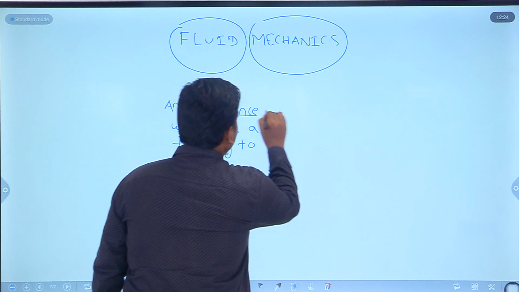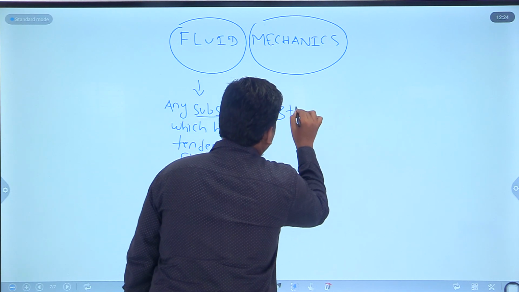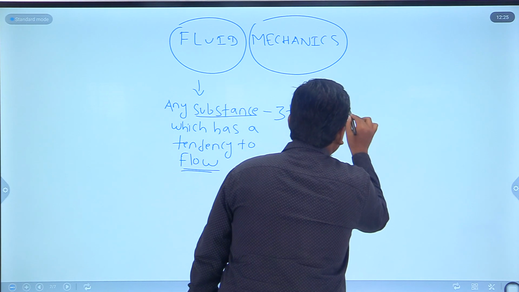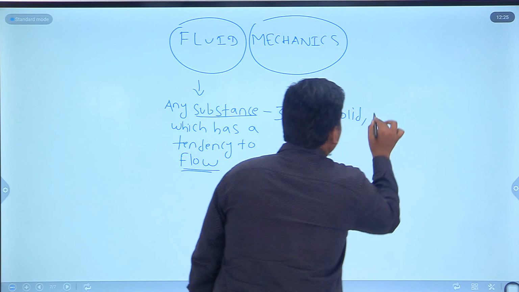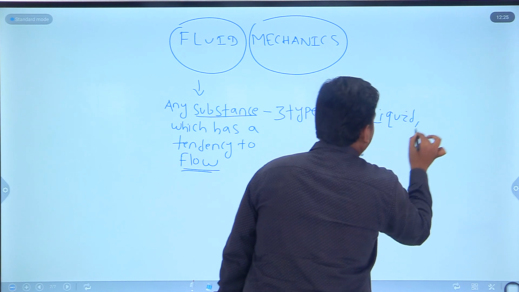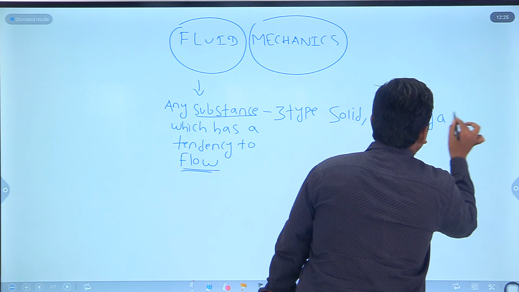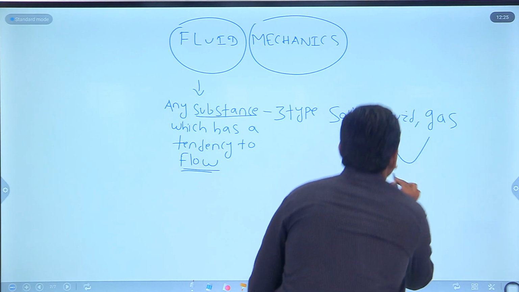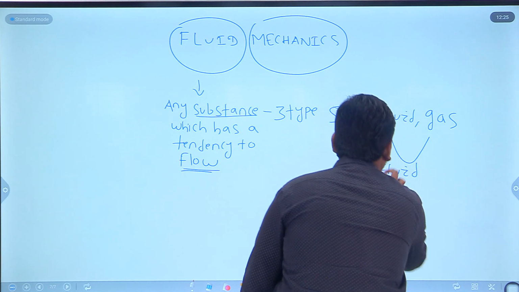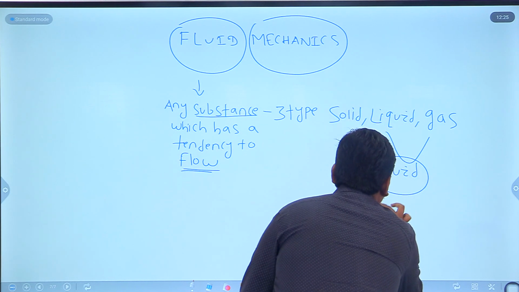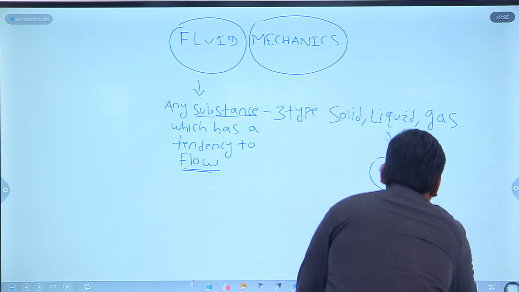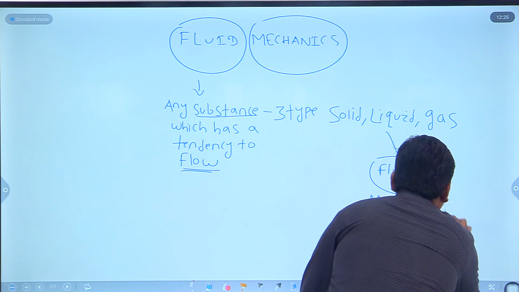Substance is of three types: solid, liquid and gas. Generally, liquid and gas are considered as fluid, and a fluid having certain mass acquires the vessel space.